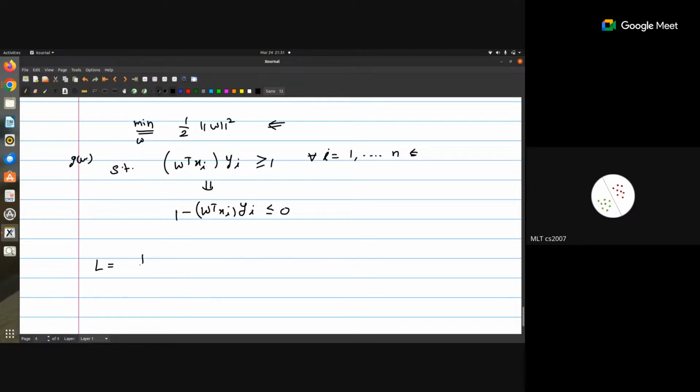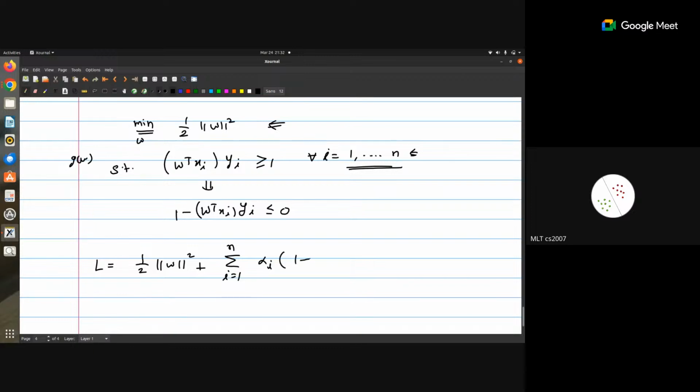The Lagrangian function will be your objective function first, plus alpha_i into g_i of w, right? Now, how many constraints do we have? i goes from 1 to n, so n constraints, and we take the summation. Either you can write it algebraically or in vector form also. Right now I'm writing it in the algebraic form; we can make it in the vector form later on.